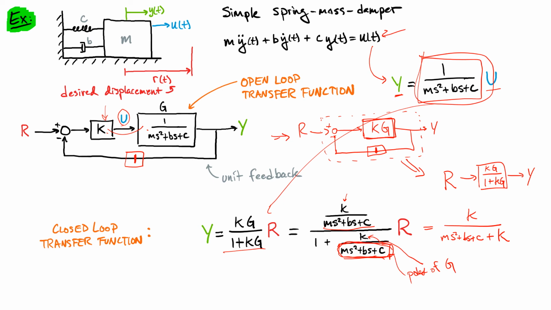We're going to practice that a lot. But anyway, this is the closed loop transfer function expression. This is how we plug in the open loop transfer function. And if we wanted to simplify it a little bit, that would be the way to do that.